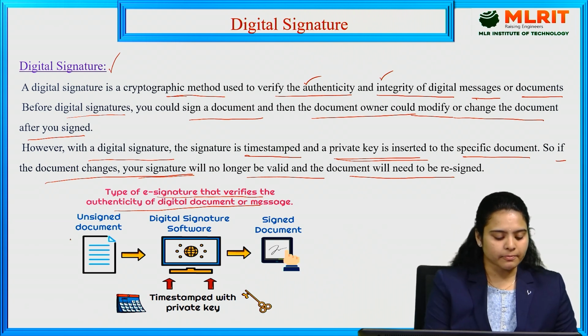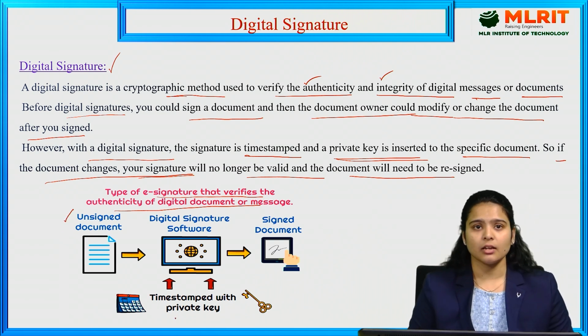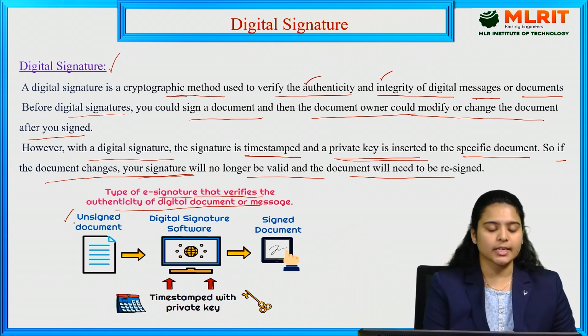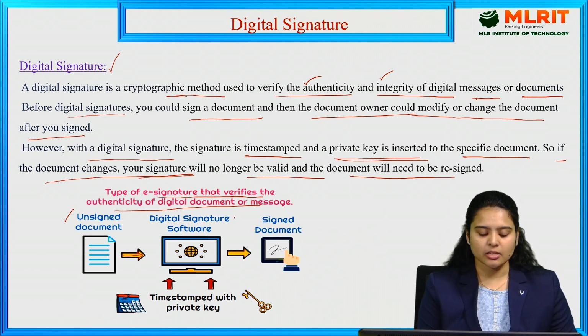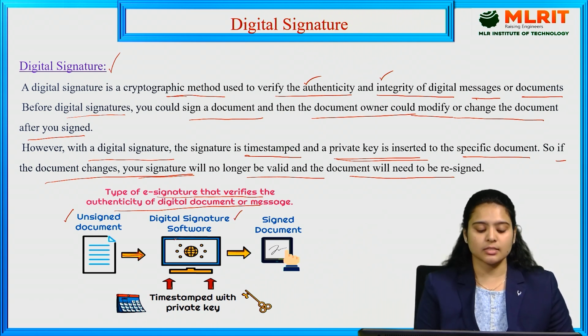Here, for example, there is an unsigned document, which is not yet sent to any people. This document is sent to digital signature software to check what is going to happen inside.